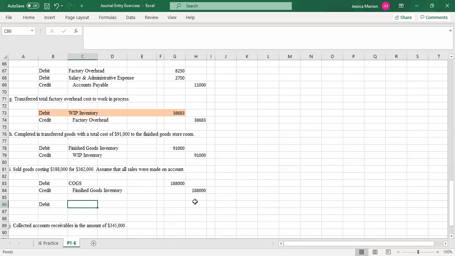And now the journal entry to record the actual sale, debit accounts receivable, because the sale was made on account, 362,000. Credit sales revenue, or simply sales, whatever they're calling it in this one. $362,000.